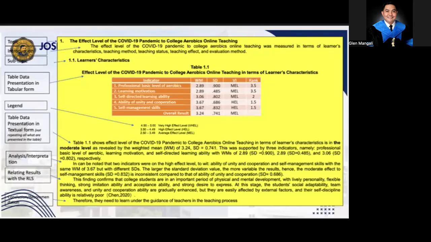Here again, you present the actual data, put some legend, interpret the data in text, make some analysis, relate the result of your analysis to the existing body of knowledge, and then make some sort of recommendation. That's another way of presenting your data. But if you're working on test of significance, you can also do it this way.